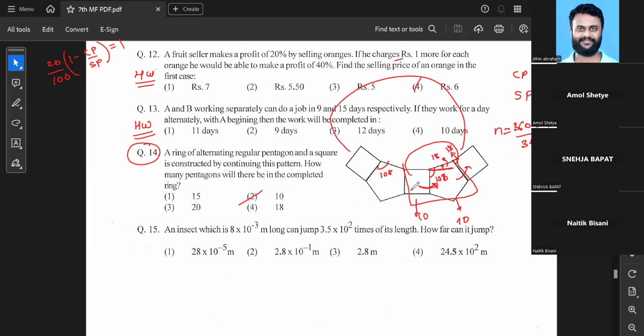So 18 is only for the square, not for the pentagon. Now from pentagon, again, if you are going to the square or to the next one, the shift is again 18. So when you're combining both the shapes, it's 18 plus 18, 36. Okay, sir. Understood, sir.